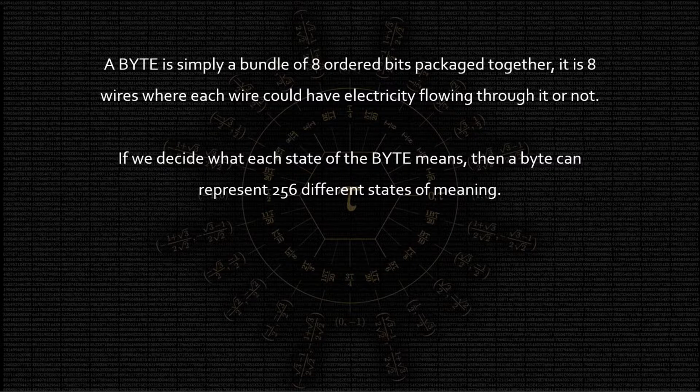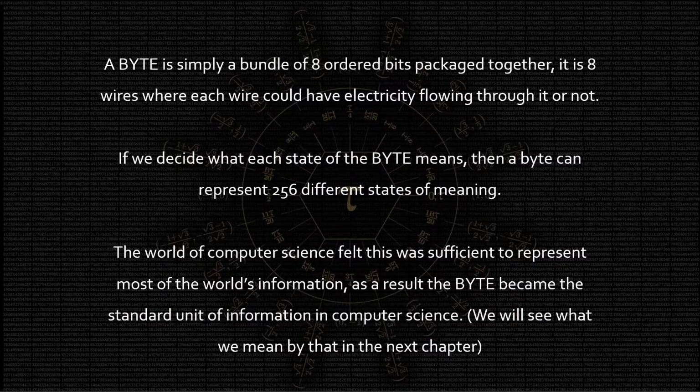And we can create a code with 256 states of a particular byte and assign meaning to each of those 256 unique states. And the computer science community felt this was sufficient enough to represent most of the world's information. So as a result, the byte became the standard unit of information in computer science.